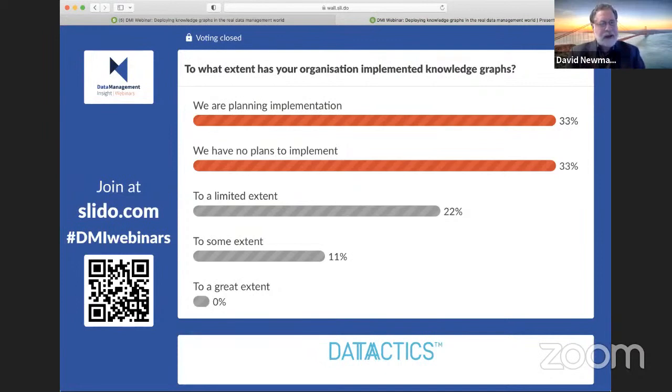Well, I'm not surprised, of course. If I add it up, in terms of planning, implementation, limited extent, to some extent, we're looking at 60 or so plus percent of organizations that are now starting to think about this. And that really aligns with the maturity of the whole knowledge graph domain.